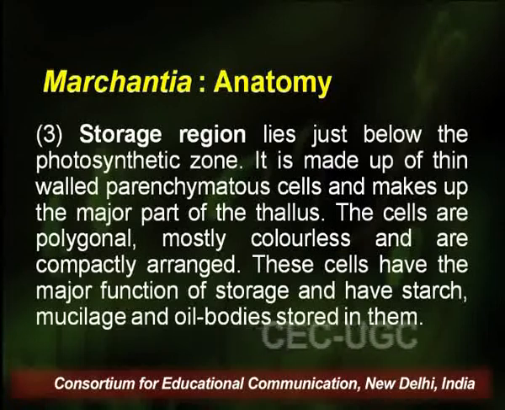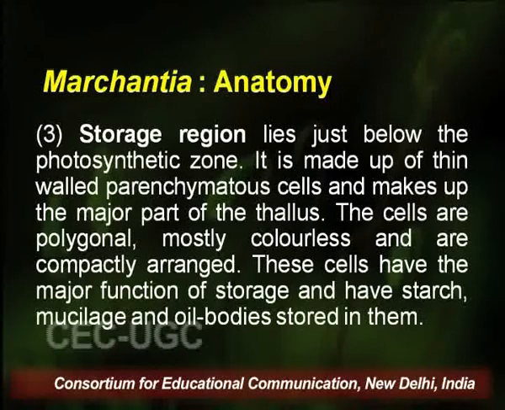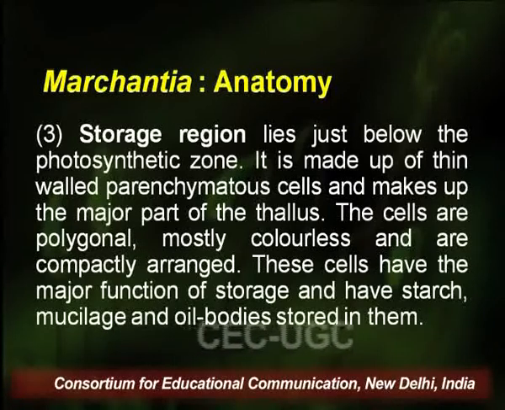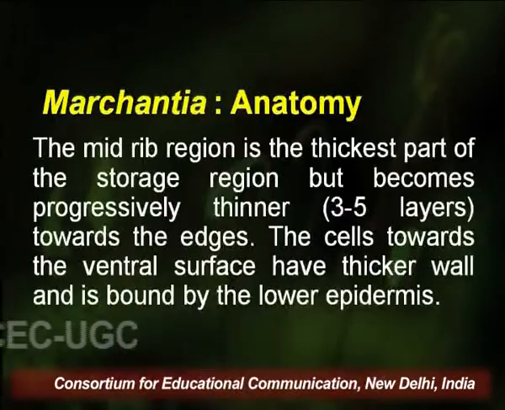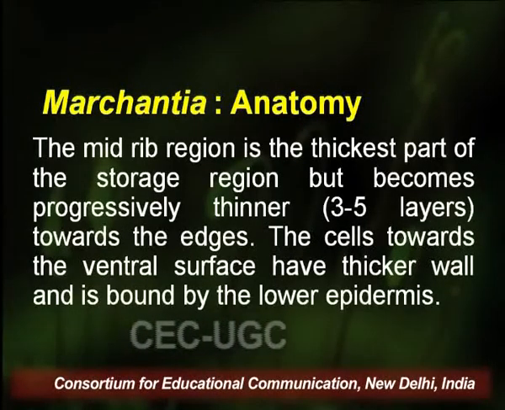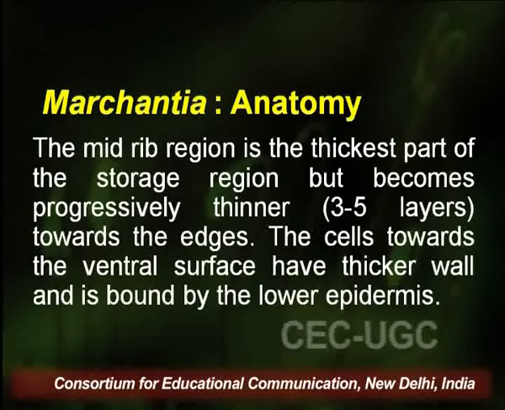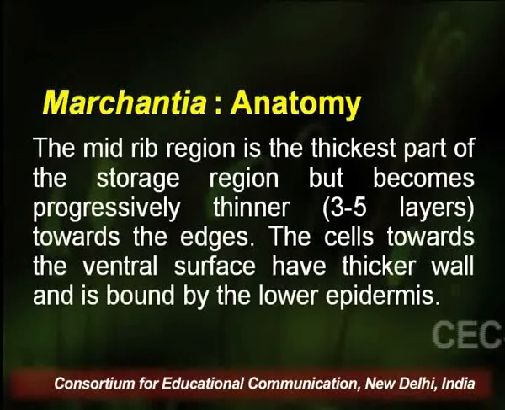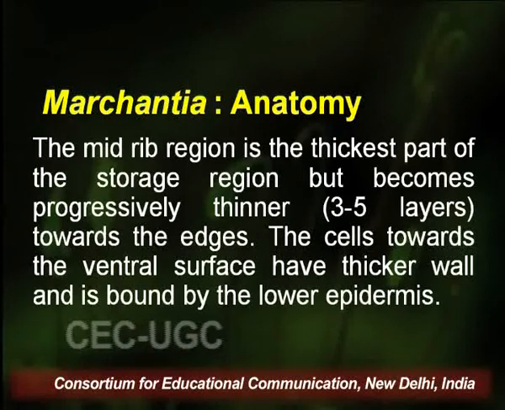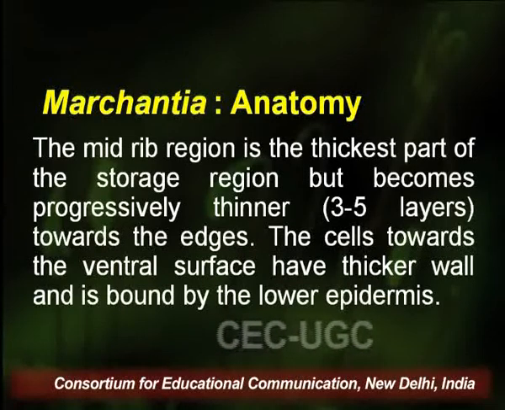These cells have the major function of storage and have starch, mucilage, and oil bodies stored in them. The midrib region is the thickest part of the storage region, but becomes progressively thinner, 3 to 5 layers, towards the edge. The cells towards the ventral surface have thicker walls and are bound by the lower epidermis.